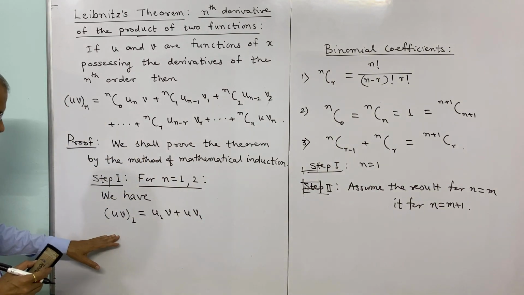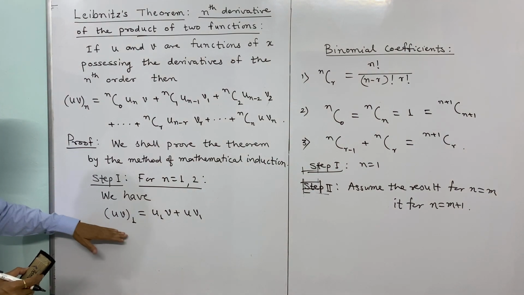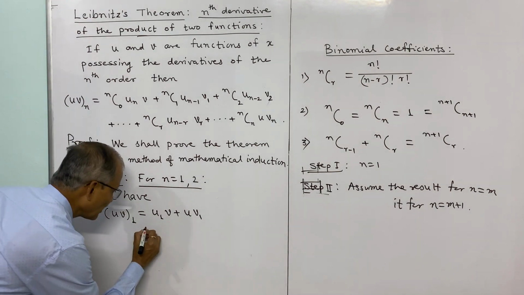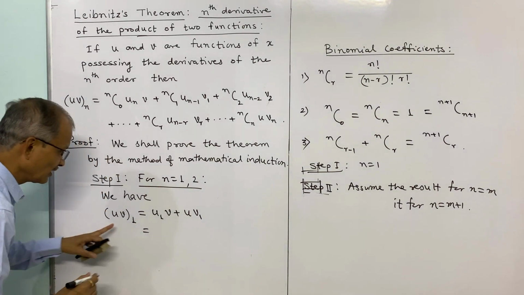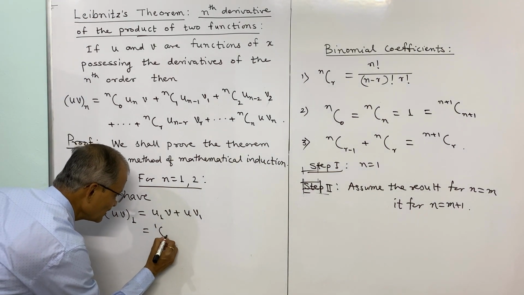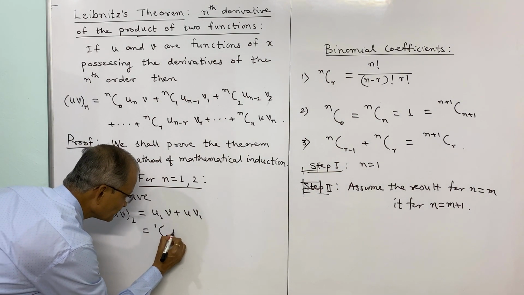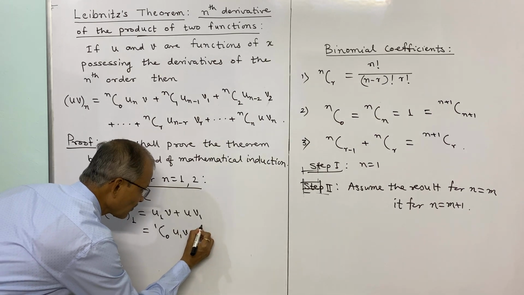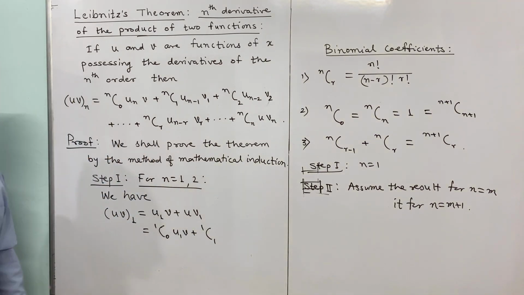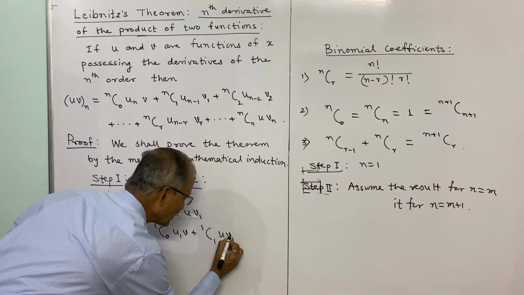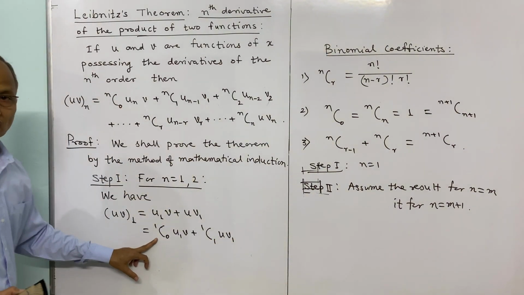And now you see, whether this satisfies the theorem statement. This we can write as, here n is 1, so 1 choose 0, u1 v, plus 1 choose 1, u into v1. And see, this is n is equal to 1.